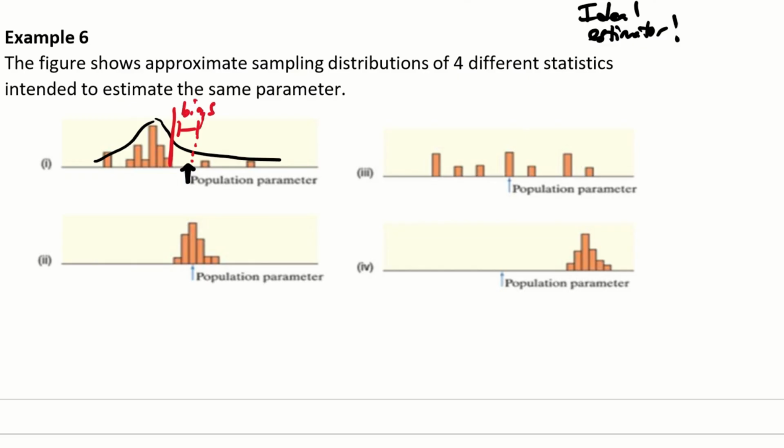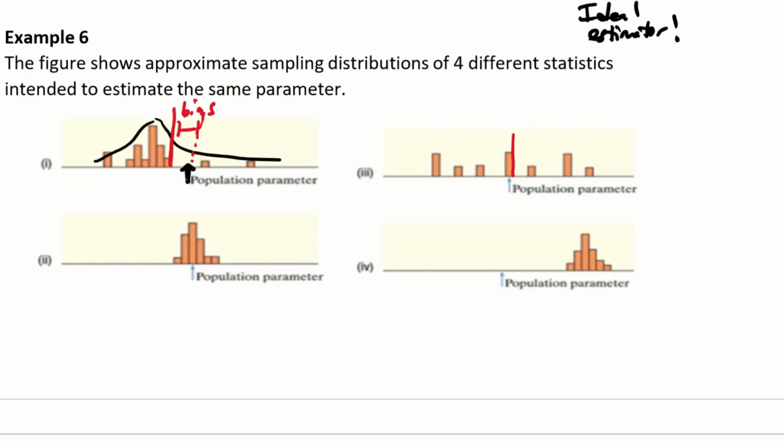All right, and then here we have what appears to be an approximately uniform distribution. It's not perfect, but it looks approximately symmetric. And since it's approximately symmetric, that means that the mean is going to be roughly in the middle. I'm going to do this in blue, and this here lines up with the blue.